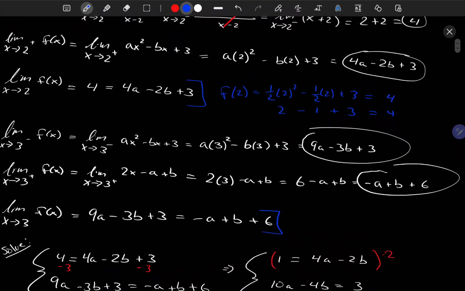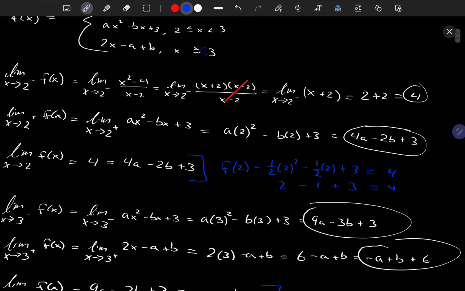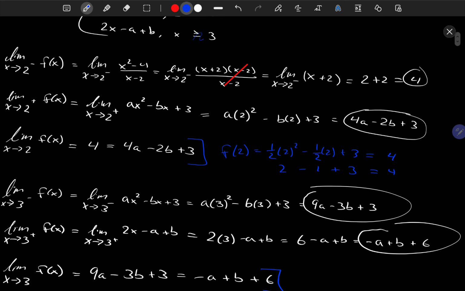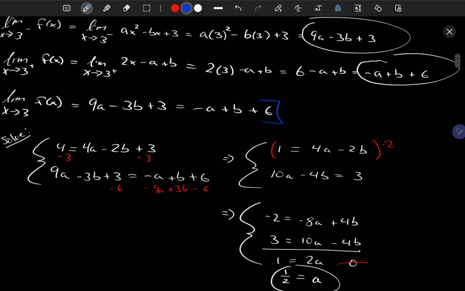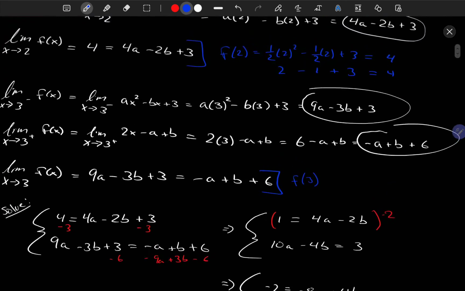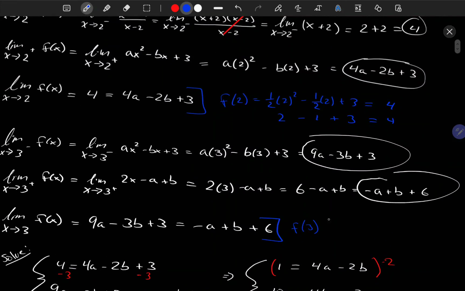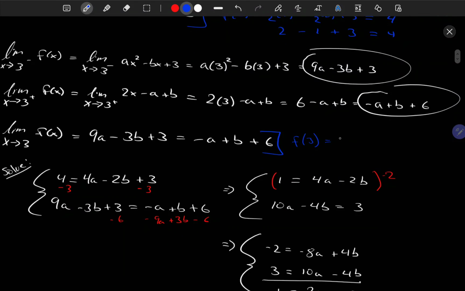Because again, if we plug in f of 3 into this function, because x is greater than or equal to 3, then we would have two times 3 minus 1/2 plus 1/2. Negative 1/2 plus 1/2 is 0. 2 times 3 is 6.